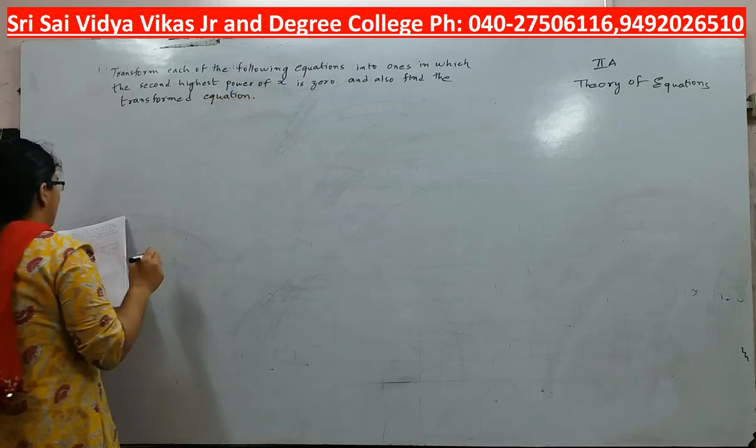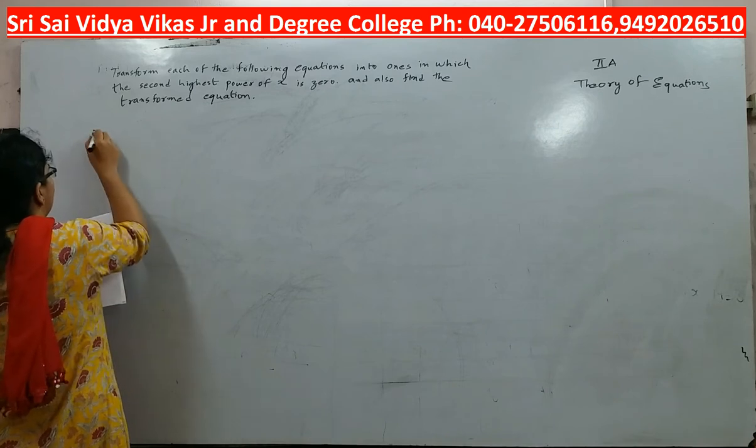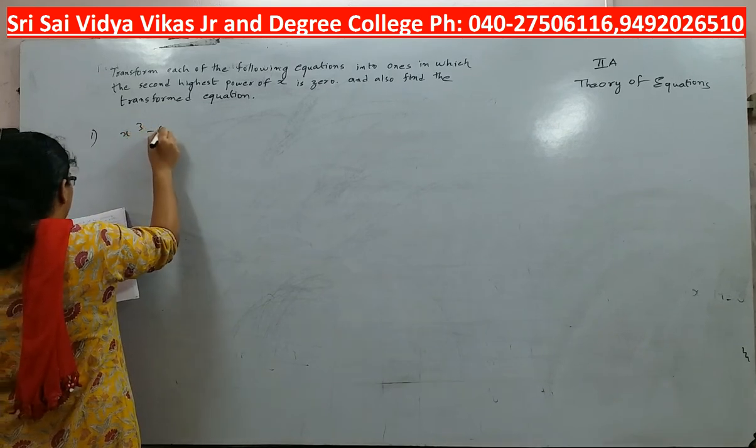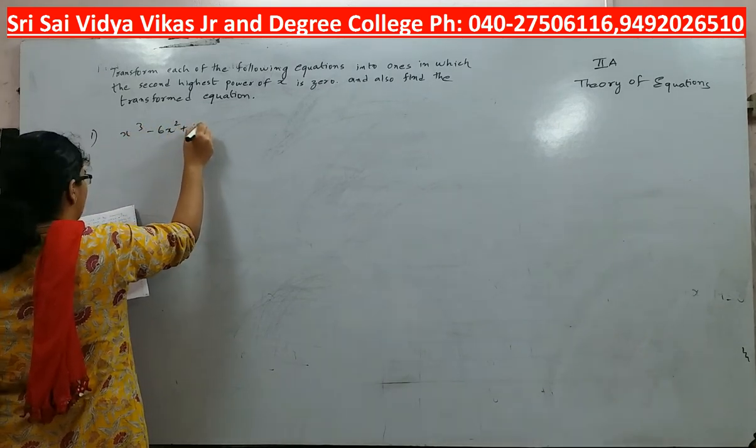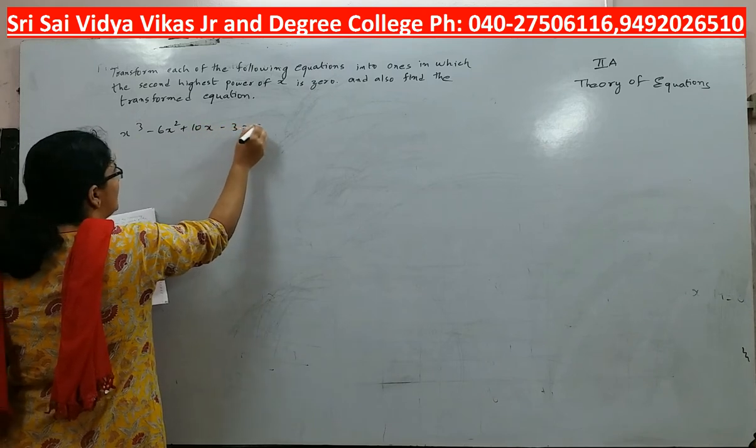You have to find a transformed equation. First one, x cube minus 6x square plus 10x minus 3 is equal to 0.